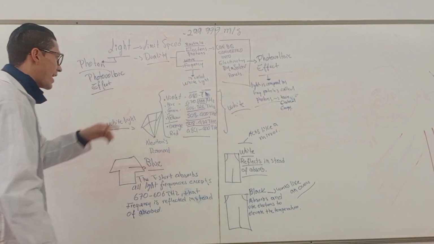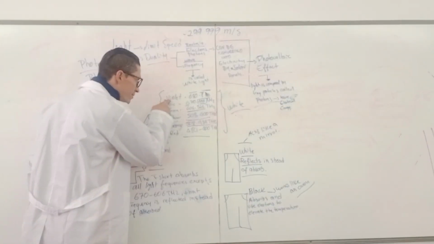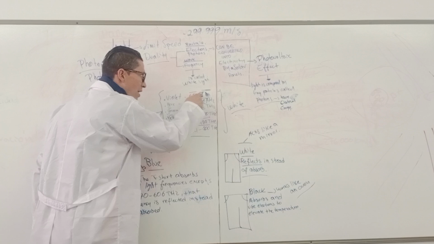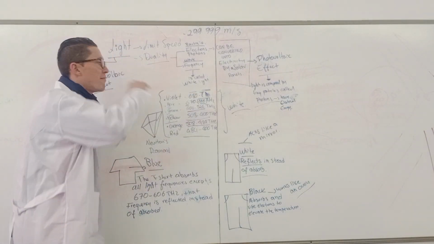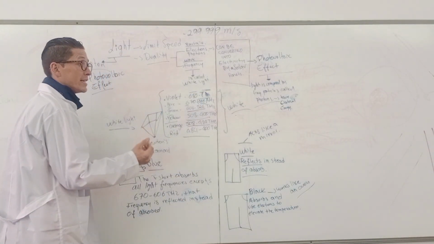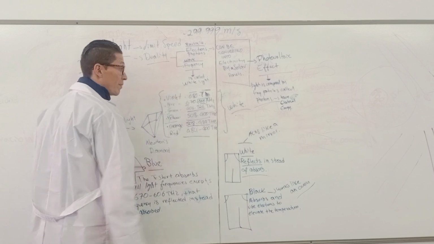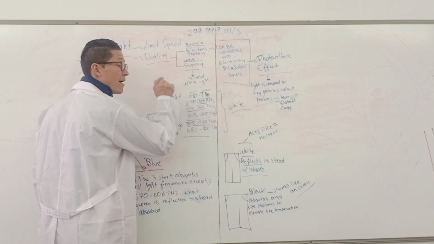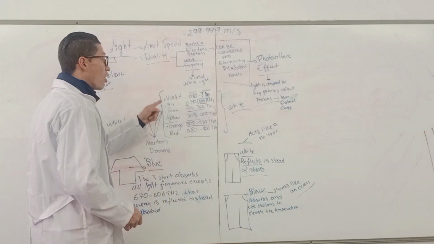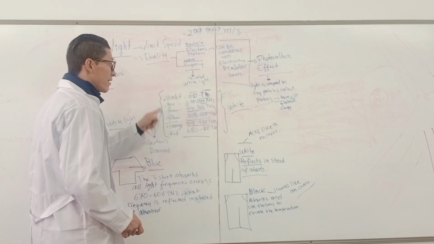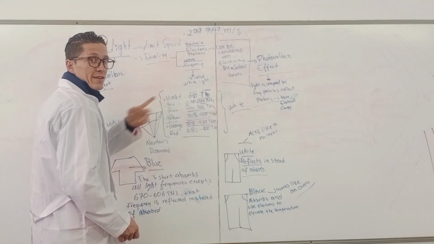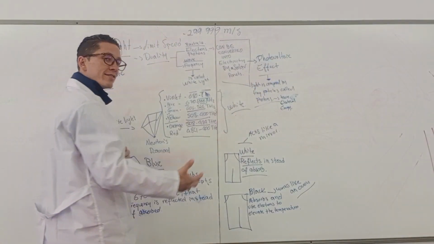Let's check. Let's take a look at this. Violet, that's the frequency. If you have something violet, the real fact is that the object is absorbing all of them except violet. Then all of them are absorbed, but that one is reflected. That's why that's violet.